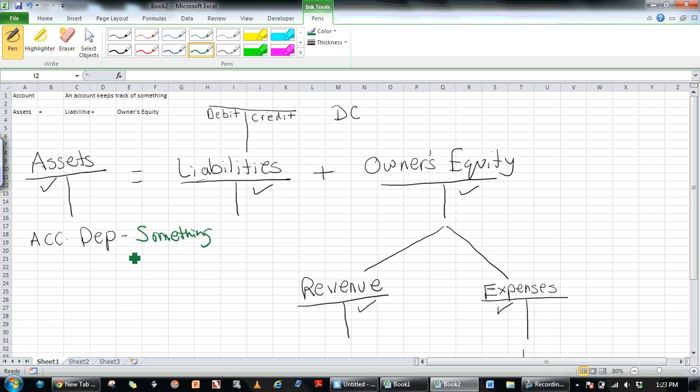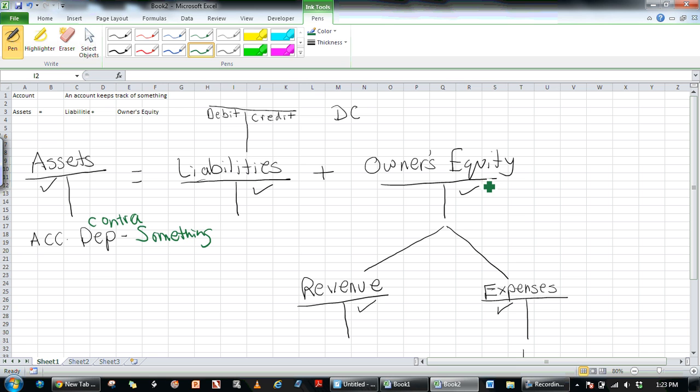This is a contra account, which will increase on the opposite side of the regular assets. So this is your contra. Okay. You don't know about any contra liability accounts.